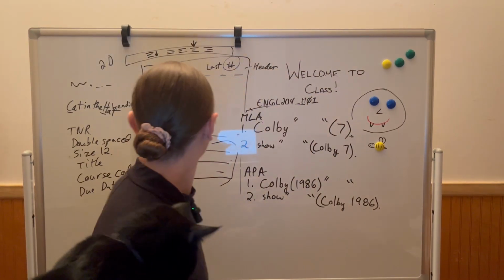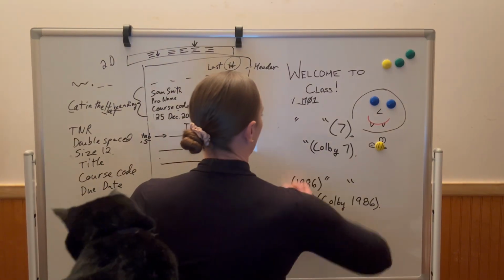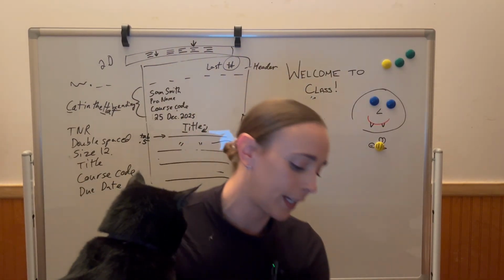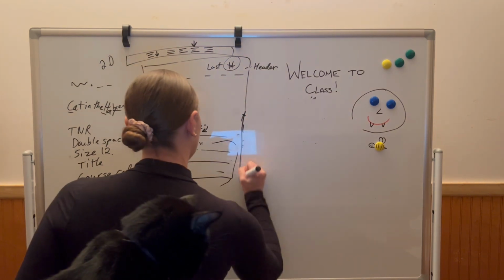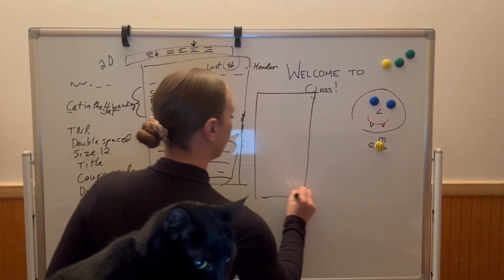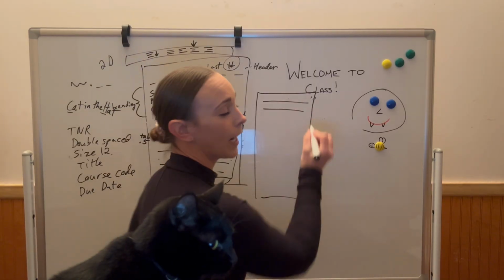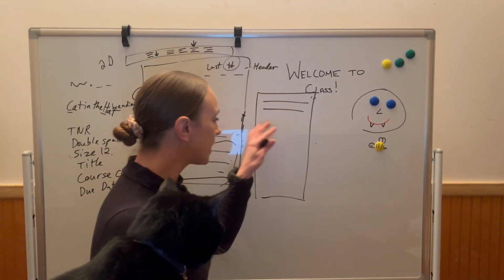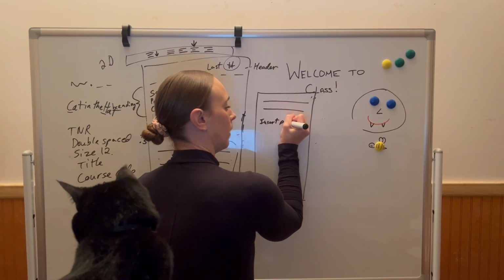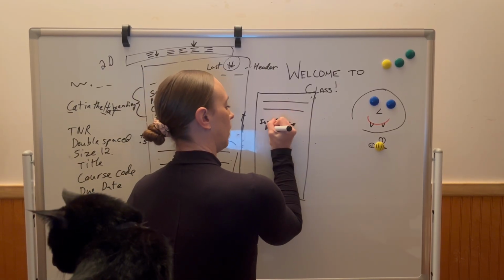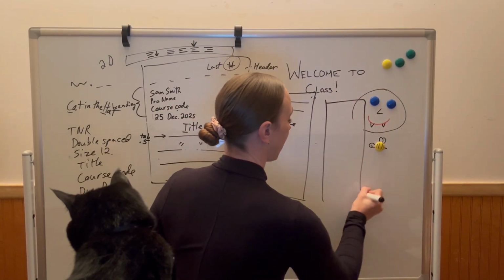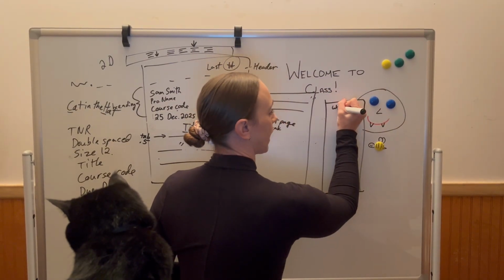So even if I had a whole other page, so here's page 1, and then here's page 2, and I only have like 2 lines on that second page, I would still need to insert a page break in order to go on to a third page to have the works cited.